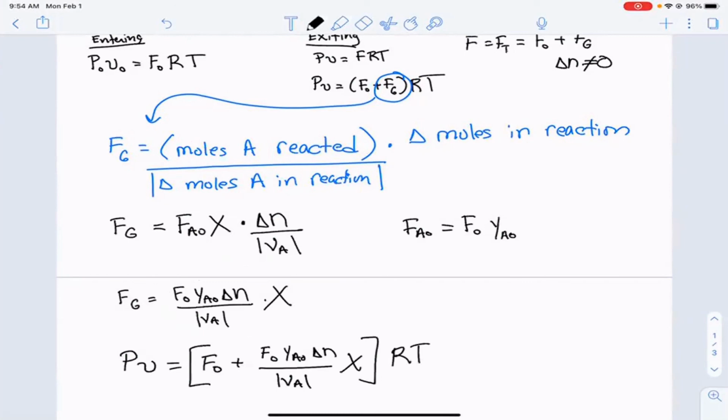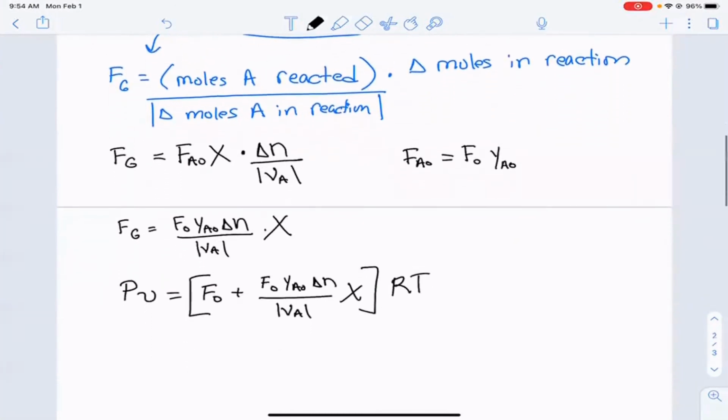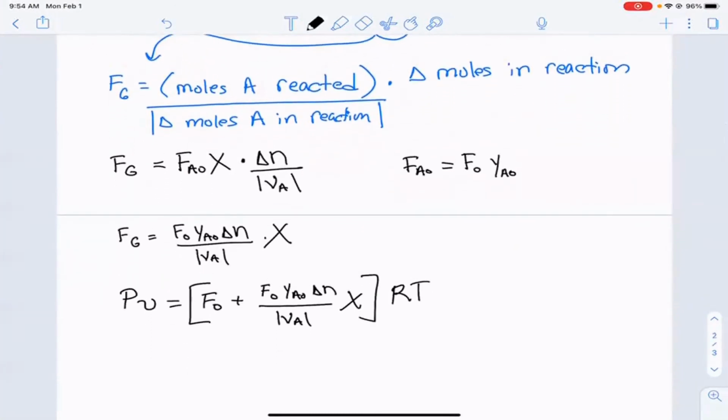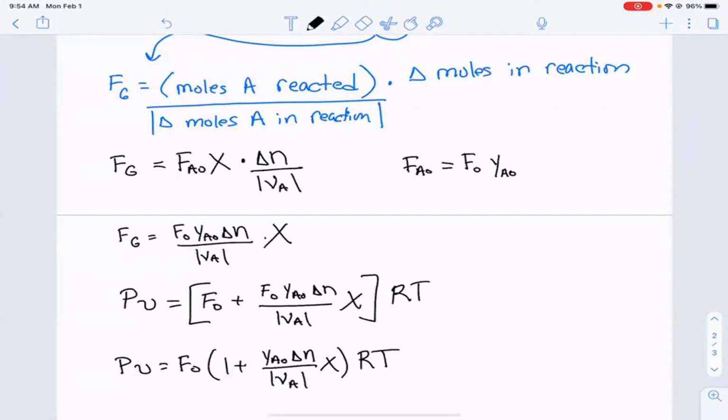And if I do this, I can pull F0, or F naught, out of the bracket and get an expression that PV equals F naught times 1 plus, sorry, I pulled out the F0, YA0 delta N over the stoichiometry of A times the conversion, times RT.